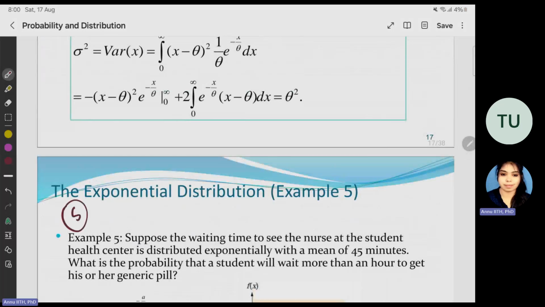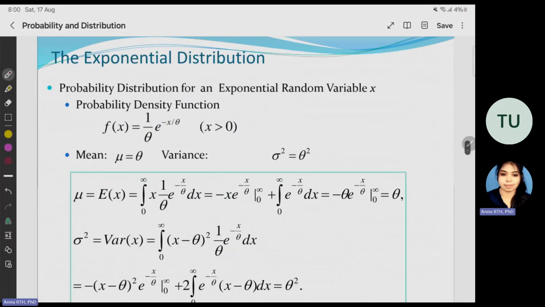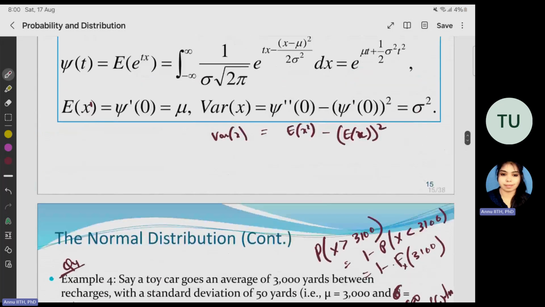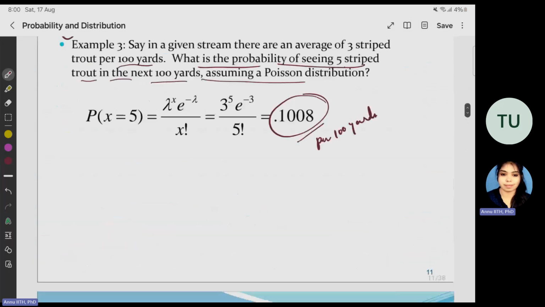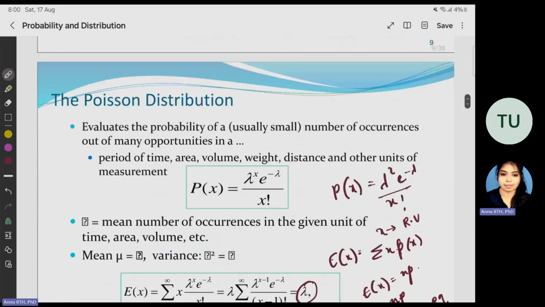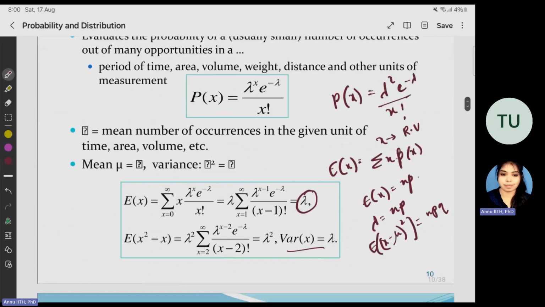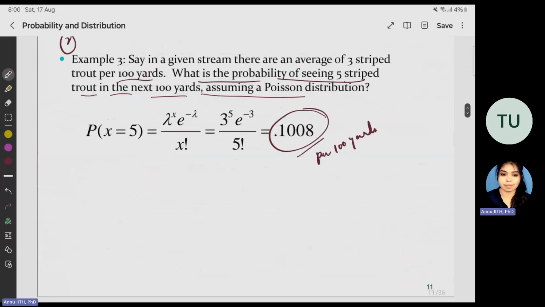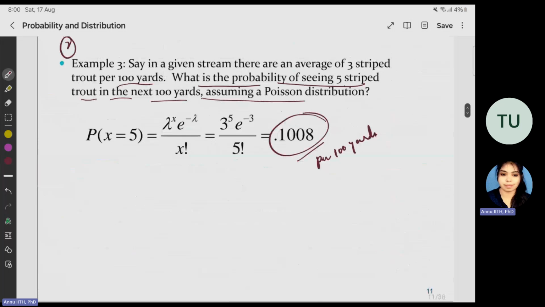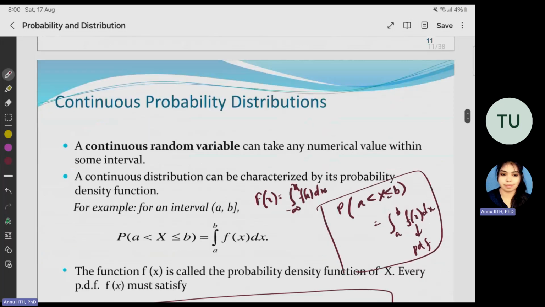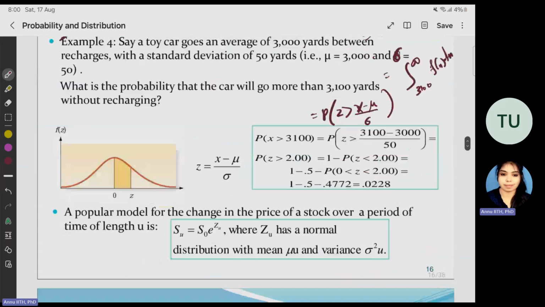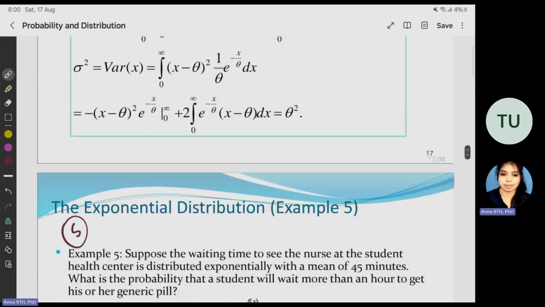Here we are seeing that every problem that I have taken shows a different type of distribution. We started with the binomial distribution, then we went to the Poisson distribution, and every distribution has its own application. Now the exponential distribution application.